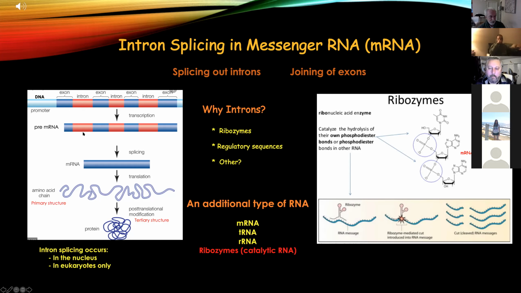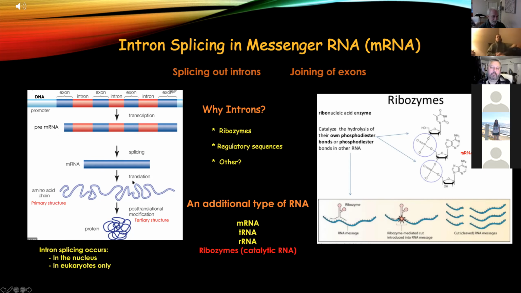They're transcribed to a pre-mRNA with the introns and exons all left in. But then when it's processed to mRNA, the introns are spliced out. So you end up with this bar that's only blue. All the introns are gone. It's only the exons stitched together.